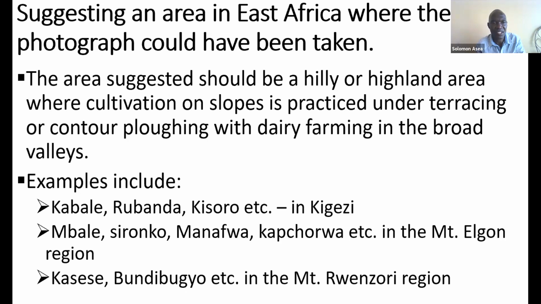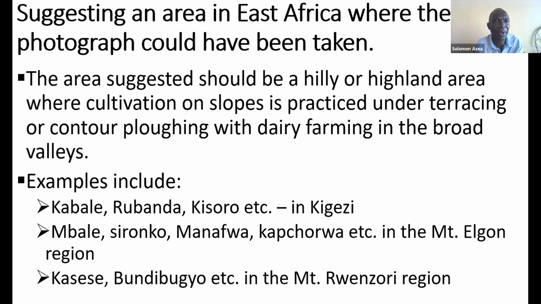Then also Kasese and Bundibugyo in the Mount Rwenzori region, which is a highland region. The Kigezi Highlands is also a highland region. So those places have vegetation and so on, so they should be those areas.